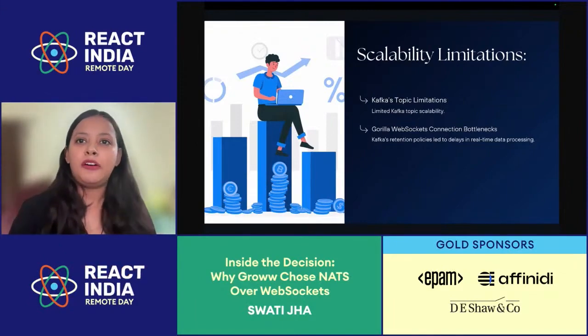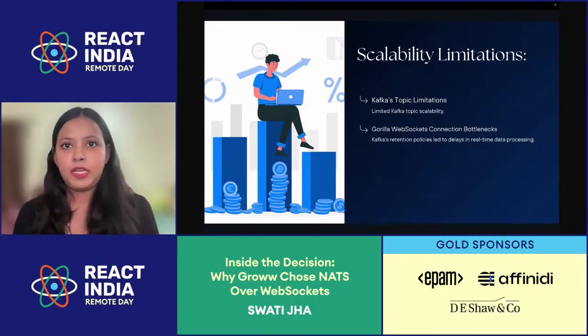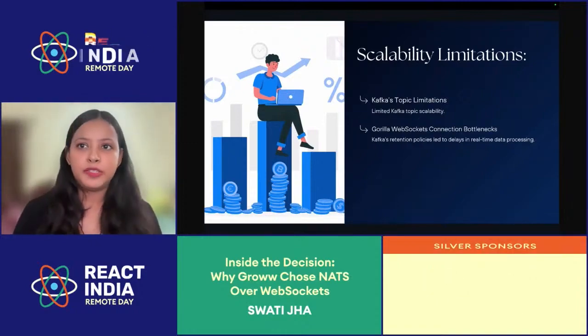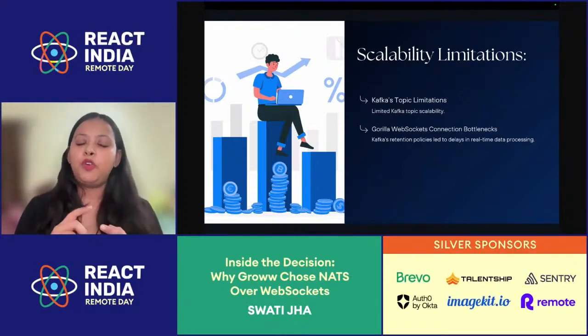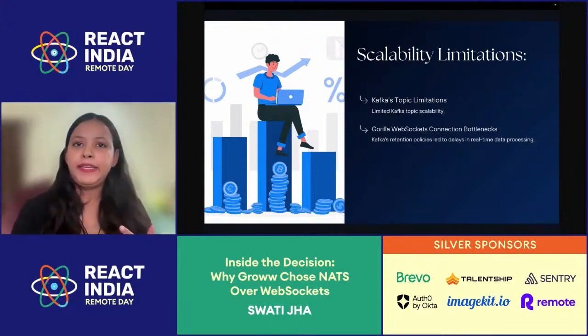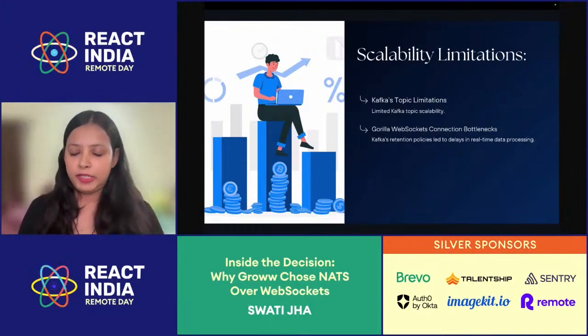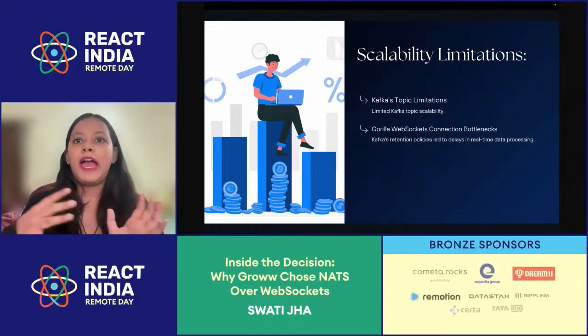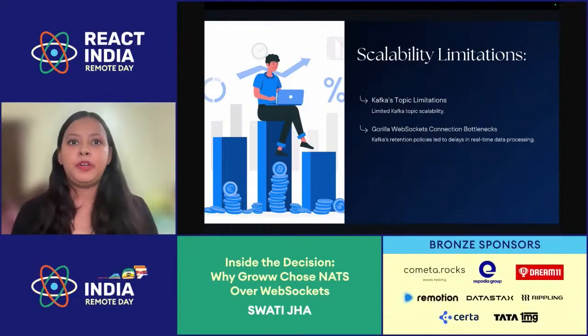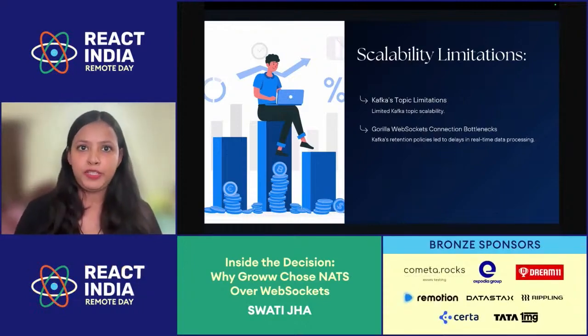For that, Kafka will create a topic. Now you add more stocks in your watch list, for example, Paytm, IOCL, and ONGC. Now Kafka will have to create a separate topic for Paytm, IOCL, and ONGC.